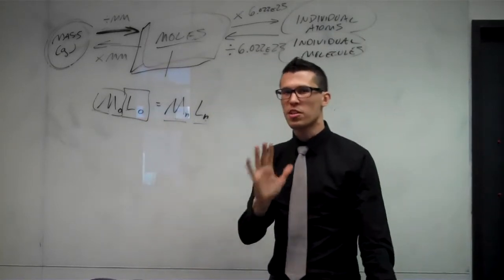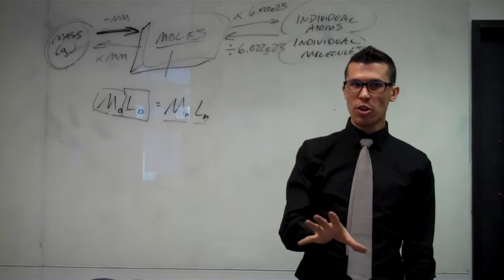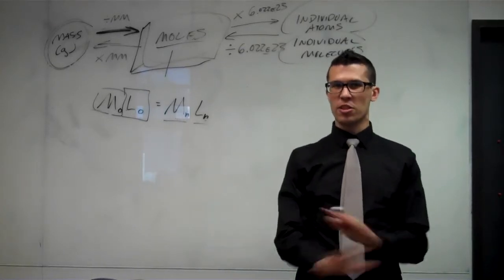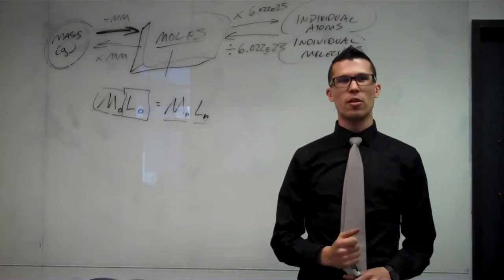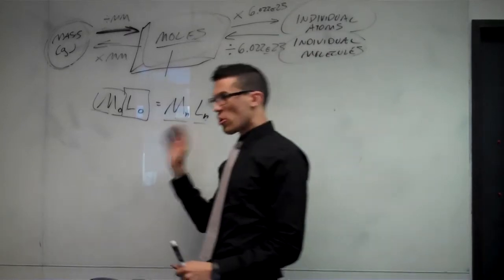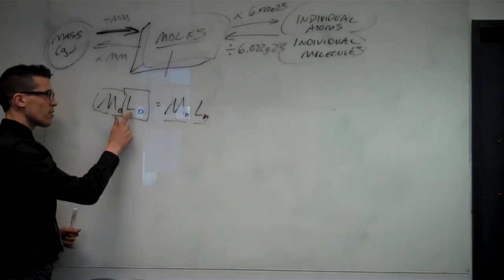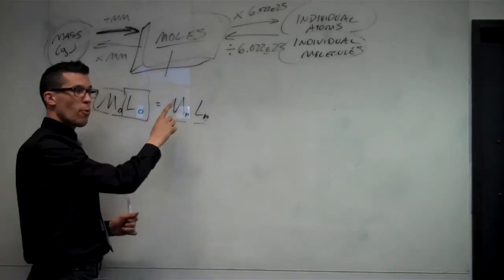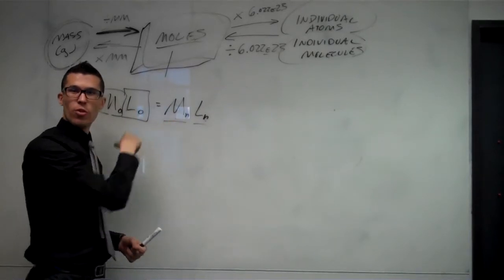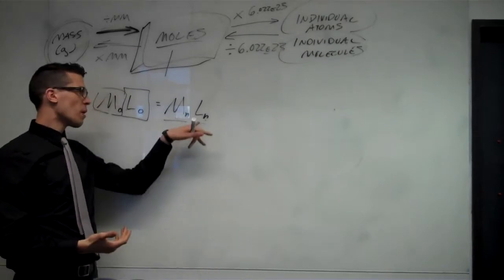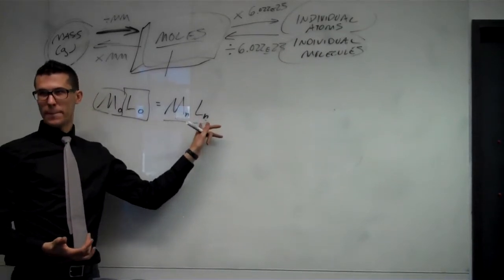When you hear the word diluted, or new solution, or old solution, I've worked hard to keep the language the same so it wouldn't confuse you. So if you start with the old solution, and you're given molarity and liters, and you know what the new molarity is, but you don't know the new liters, then you should be able to find that last Ln.